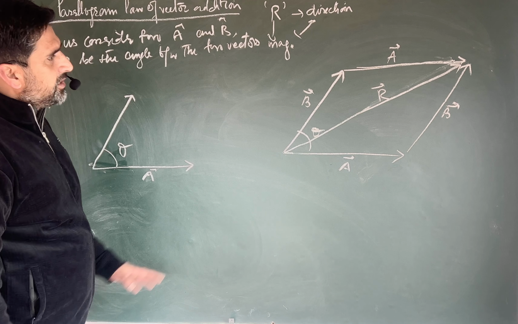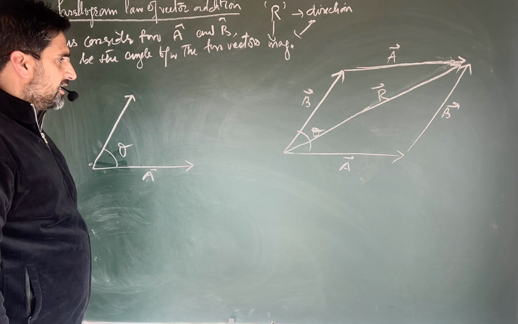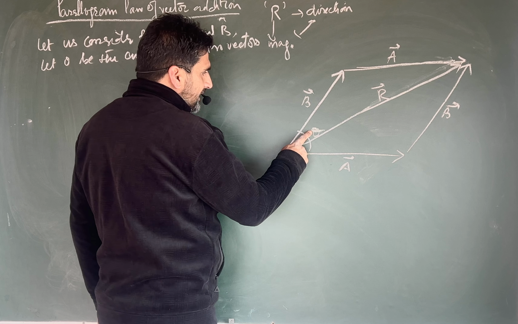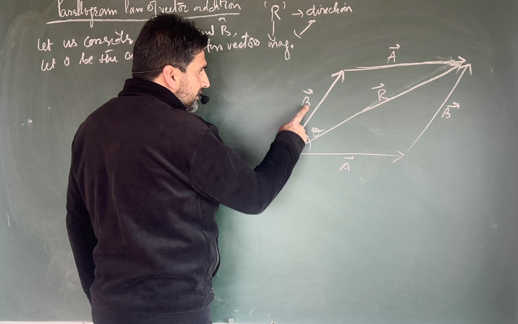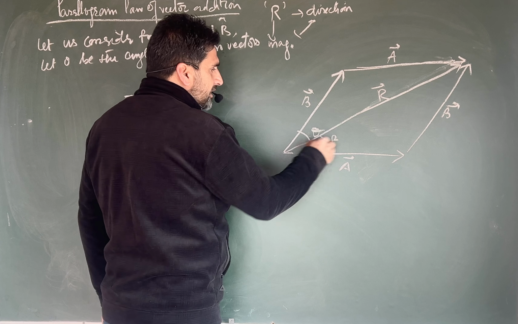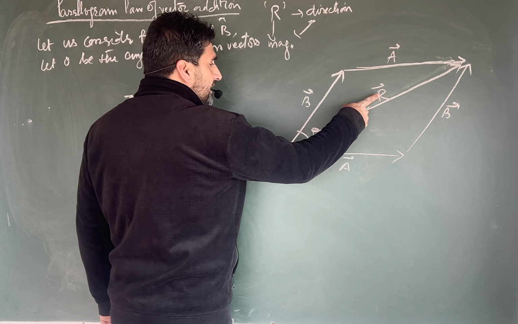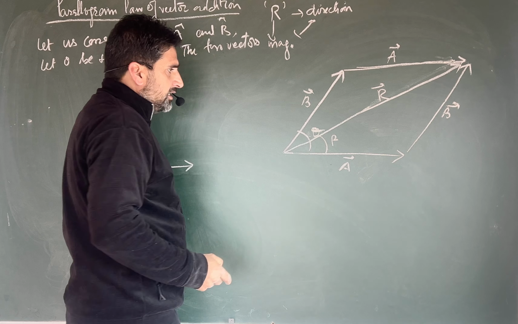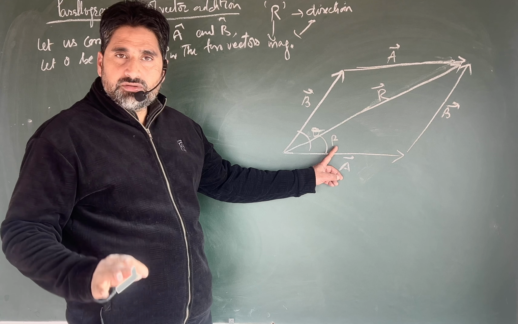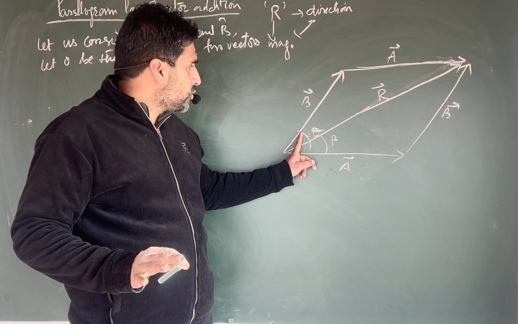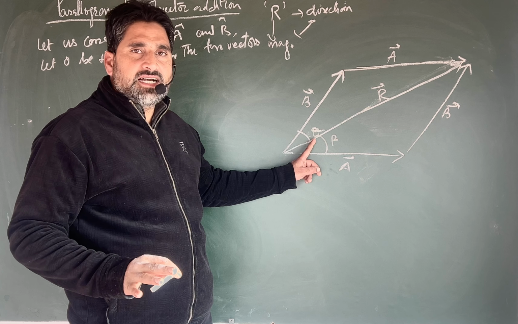और इसी R का हमने मैग्नीट्यूड और डायरेक्शन पार्ट चेक करना है। This angle, don't get confused, this angle is between A and B, and there is another angle, alpha or beta, you can write beta. This is the angle that the resultant vector makes with one of the vectors. ये जो बीटा है, this is only used to calculate the direction part, but the actual angle between the two vectors is theta.